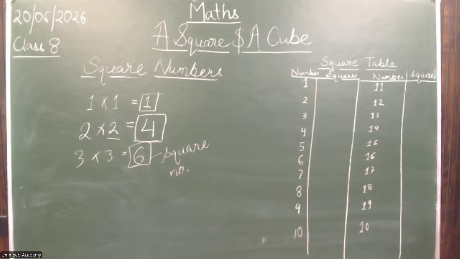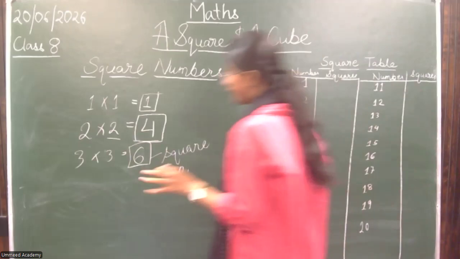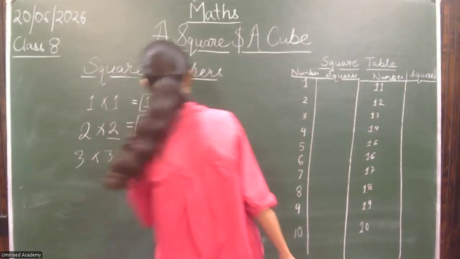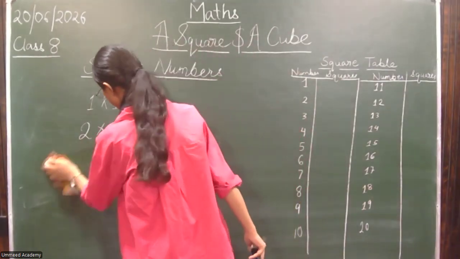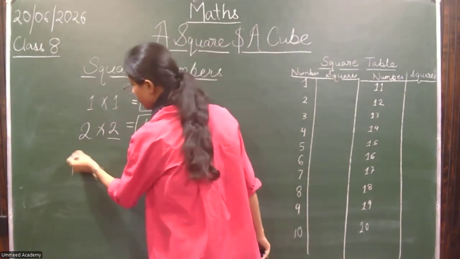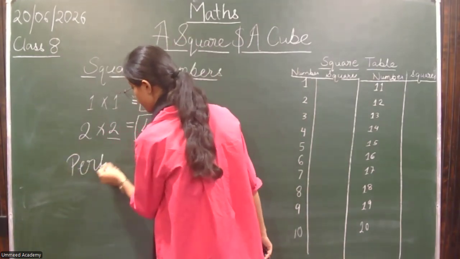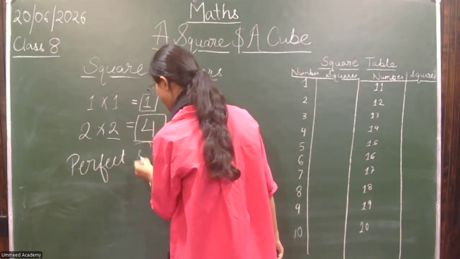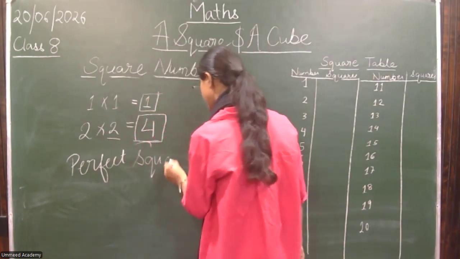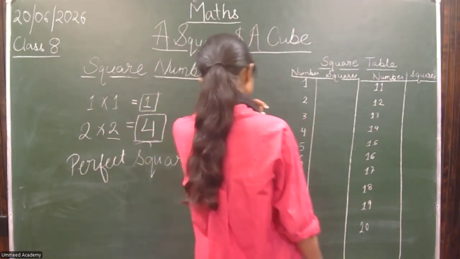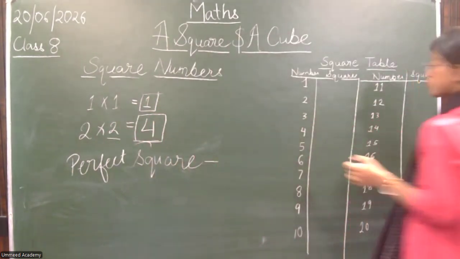Moving forward, we have some properties. Okay, firstly, let me tell you what is a perfect square. Yes, Pulkit, what is a perfect square?